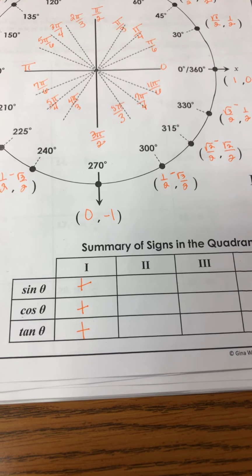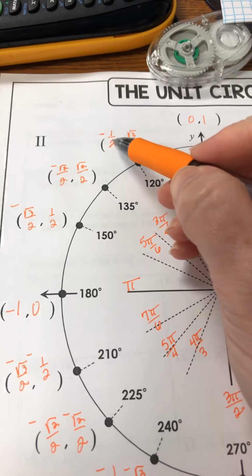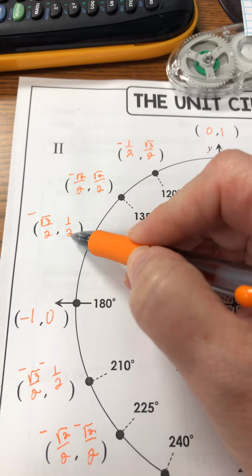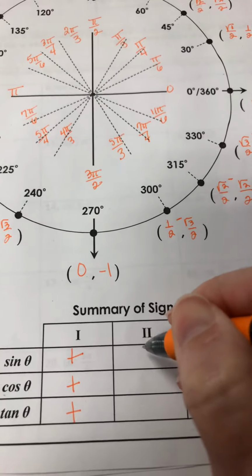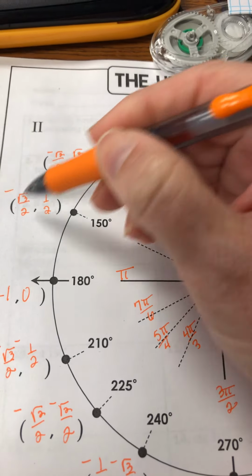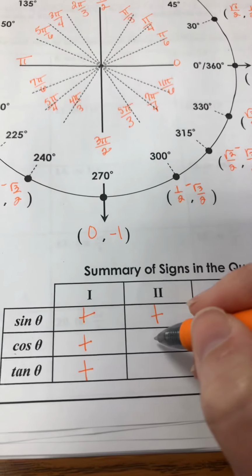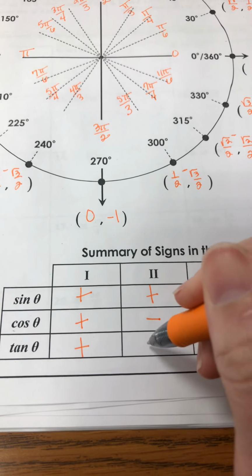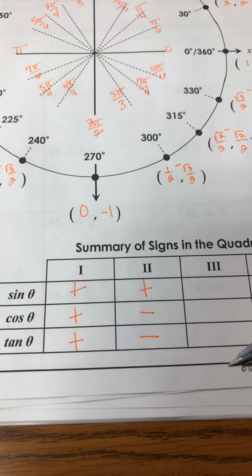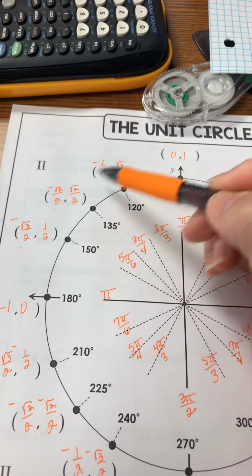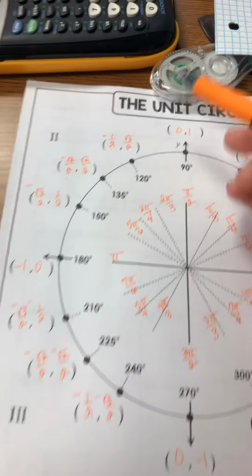Now look at quadrant 2. Your sine values, which are going to be your y's, here, here, and here, all of them positive. Your cosine values, which are going to be your x's, all of those are what? Negative. So if tangent is y over x, a positive over a negative will give you a negative tangent in quadrant 2. So positive sine, negative cosine, negative tangent.